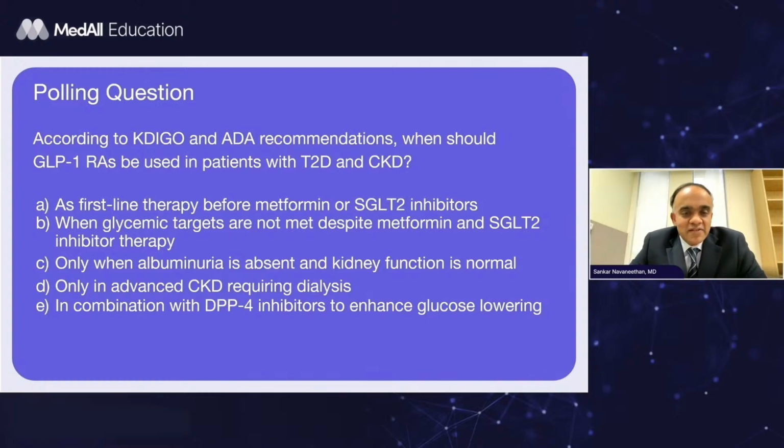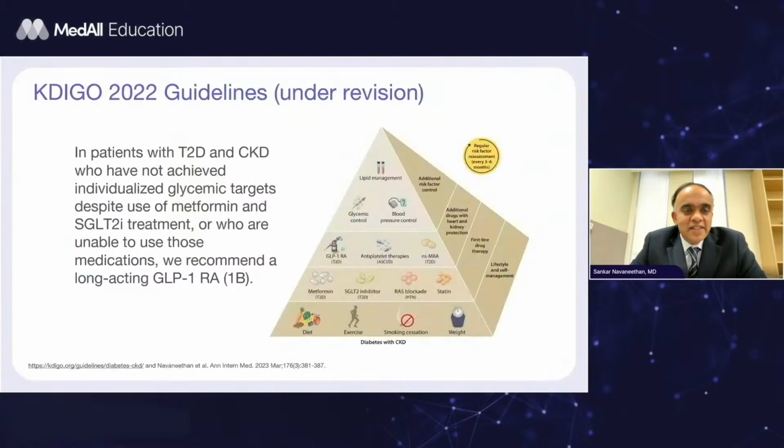Excellent. The right answer, you're going to see that in the next few slides, but certainly the option is B here. This is the KDIGO, which is the kidney-specific guidelines by the KDIGO organization focusing on how to manage patients with type 2 diabetes and CKD. This was issued in 2022, which is being revised right now.